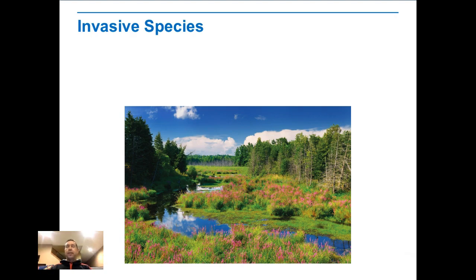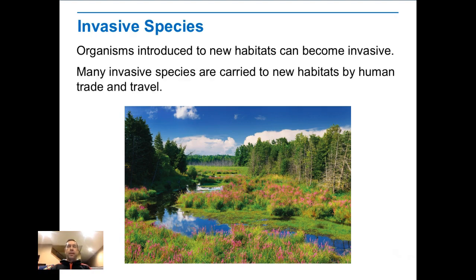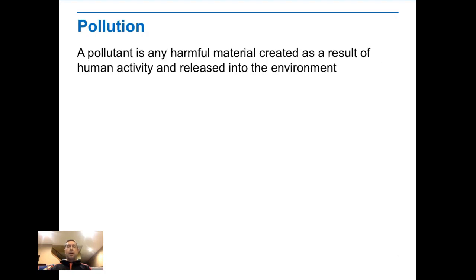Humans have brought, either intentionally or unintentionally, species into environments where they don't really belong. Many invasive species are carried to new habitats by human activity, trade, and travel. Snakes were introduced into the Hawaiian ecosystem, and that's caused a lot of negative impacts on the native species there. Asian carp around here, kudzu, and the list goes on and on.